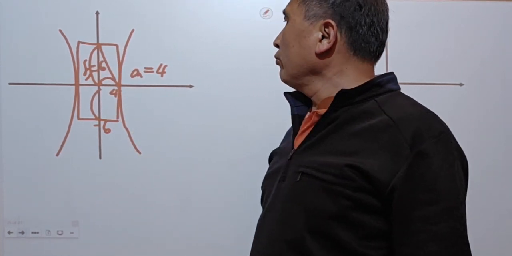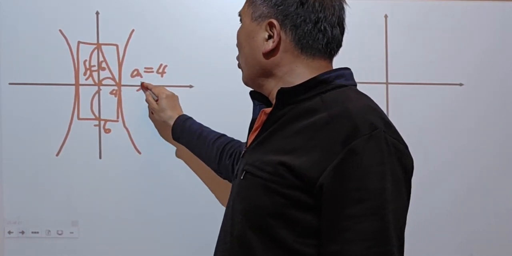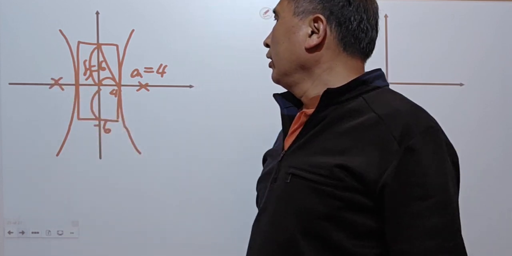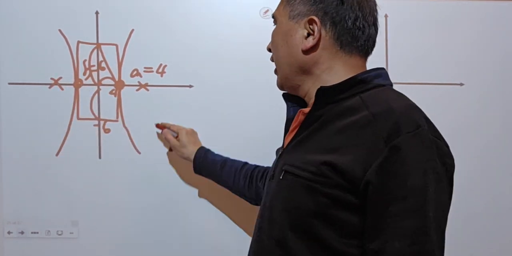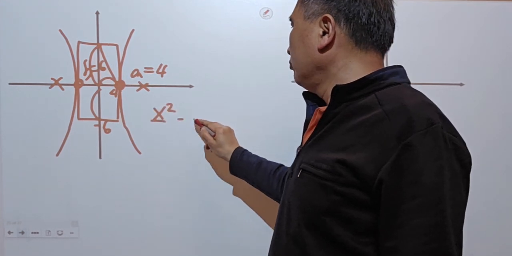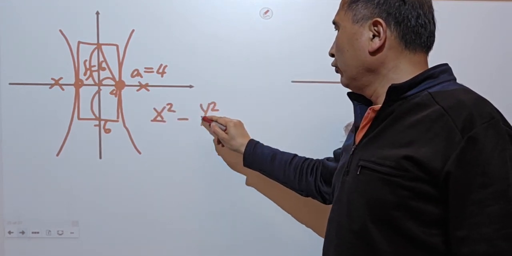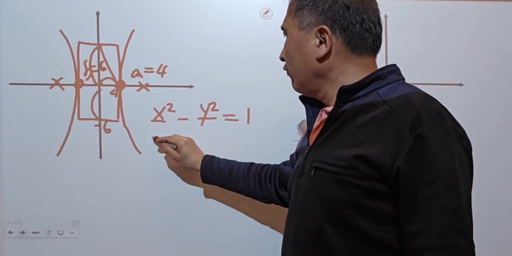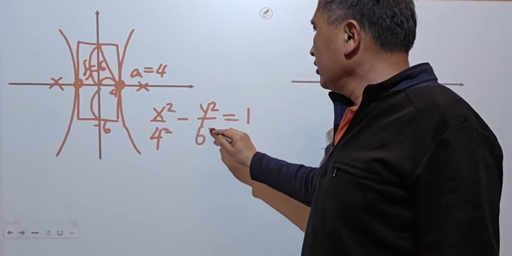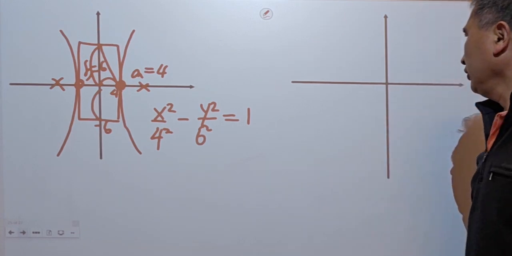C we don't need to know right now. Focus should be on the vertex side. This is the vertex right there. So the vertex is on the x-axis side, then write x squared over, minus y squared over, equals 1. Here a is 4, so 4 squared, and b is 6 squared. You can find the equation like that right here.